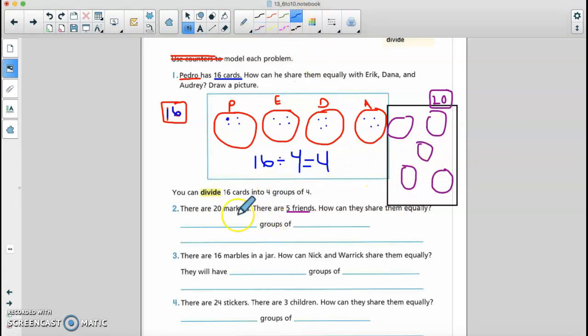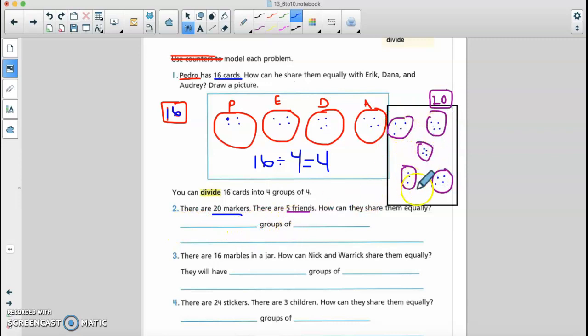Then I'm going to count to 20, and I'm going to go 1, 2, 3, 4, 5, 6, 7, 8, 9, 10, 11, 12, 13, 14, 15, 16, 17, 18, 19, 20. And now I have to say, how many groups did I have? I have blank groups.